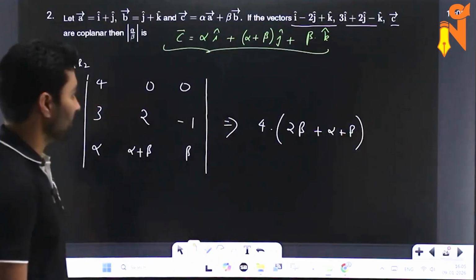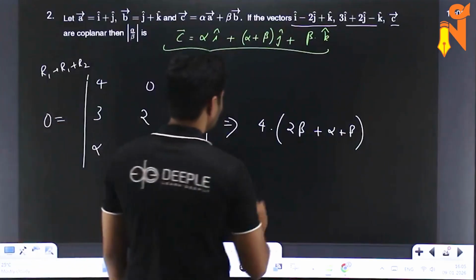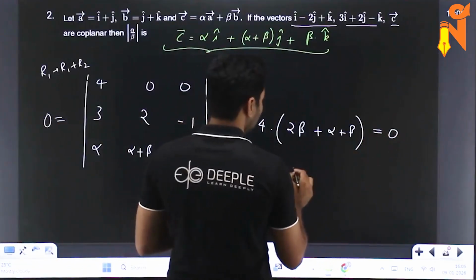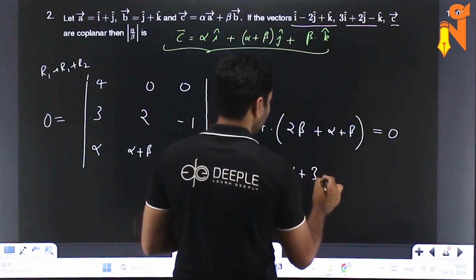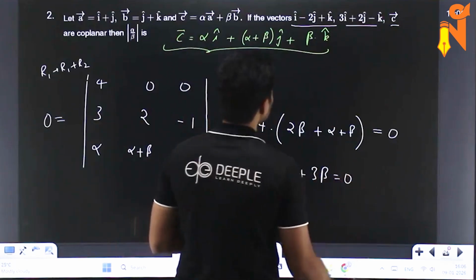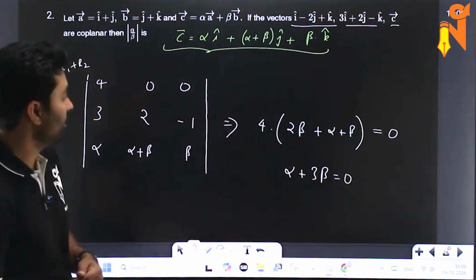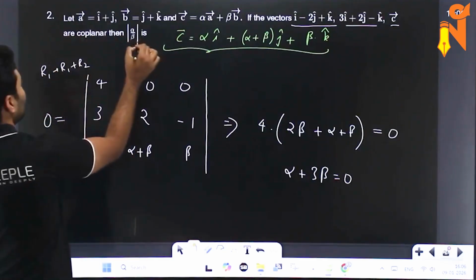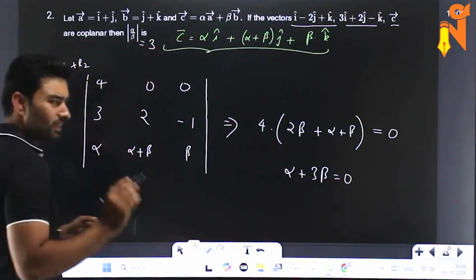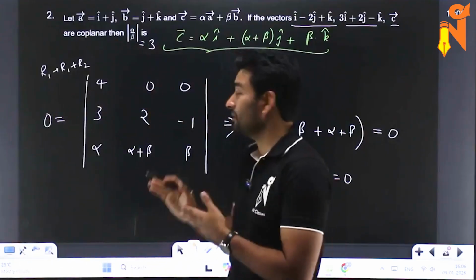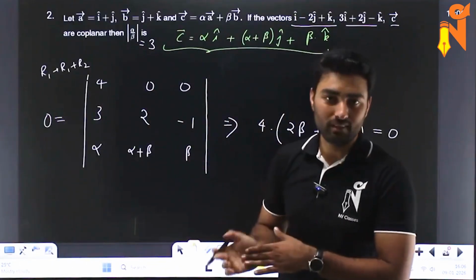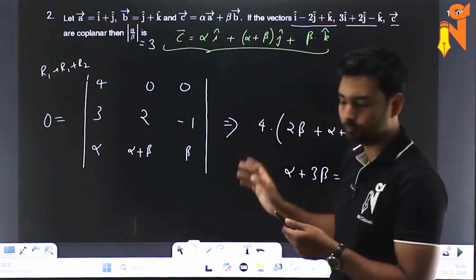I hope this is clear. Okay, from here you will get equal to 0. So from here alpha plus 3 beta equal to 0. So what is alpha upon beta? It is 3, mod, right? There is a mod. So the answer is 3. Again, very basic question. Even the same kind of questions are in this paper. So many questions are from R.D. Sharma. Okay, not a difficult exam.